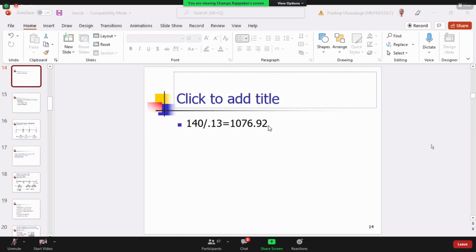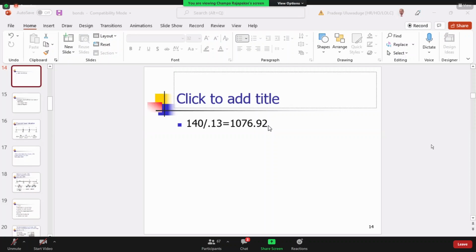So applying our principle of valuation, which is to take the present value of the cash flows that the asset would generate as the value, 140 is the cash flow. You calculate the present value. Now this cash flow is in the nature of a perpetuity.